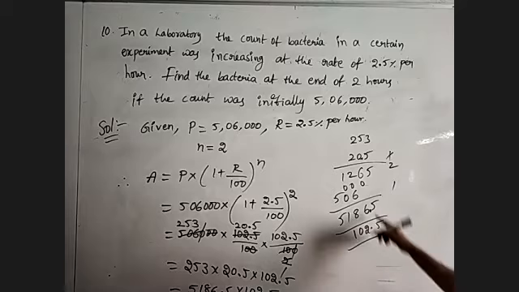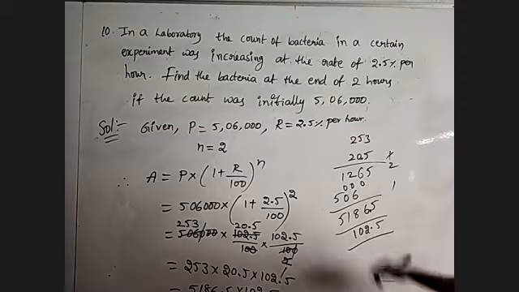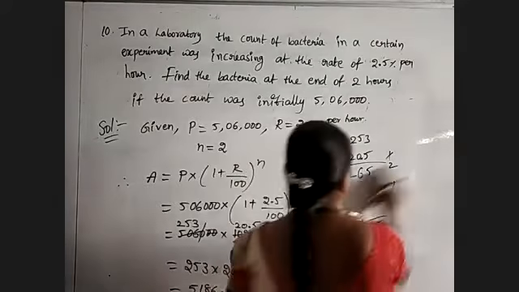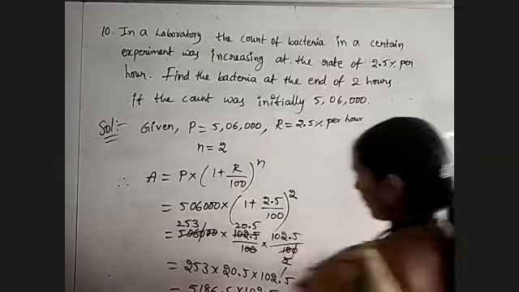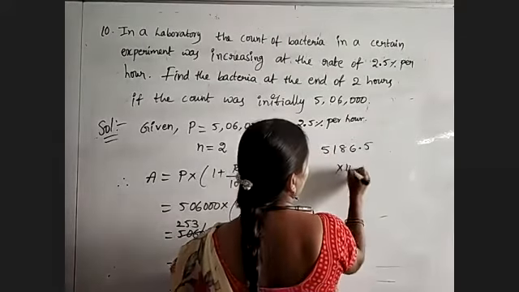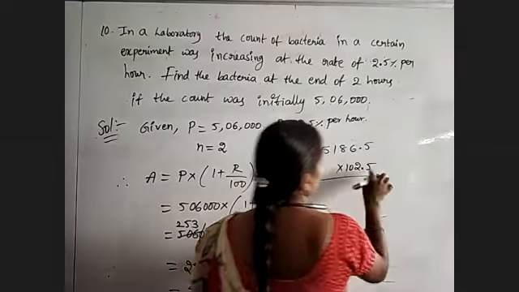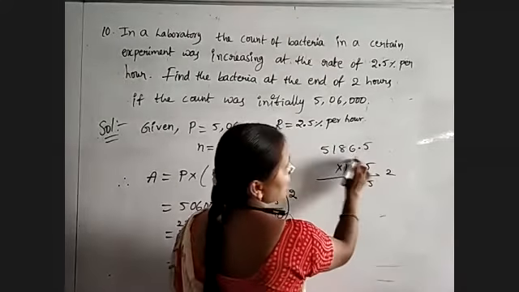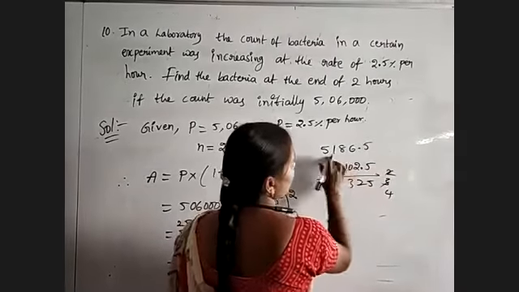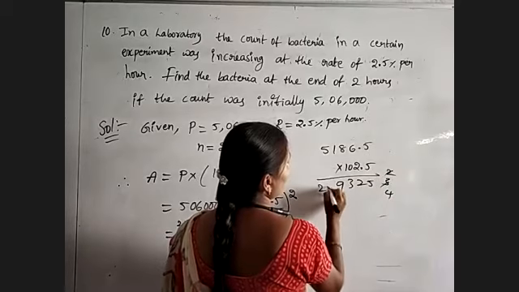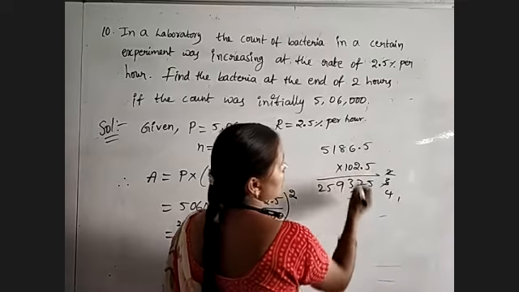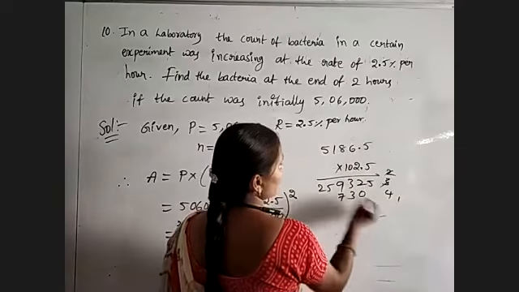Here 2 decimal digits are there, so after the multiplication we will put the point before 2 digits. The calculation: 5,186.5 into 102.5. 5 fives are 25, 5 sixes are 30 plus 2, 32, 5 eights are 40 plus 3, 43, 5 ones are 5 plus 4, 9. Then 2 fives are 10, 2 sixes are 12 plus 1, 13, 2 eights are 16 plus 1, 17, 2 ones are 2 plus 1, 3.